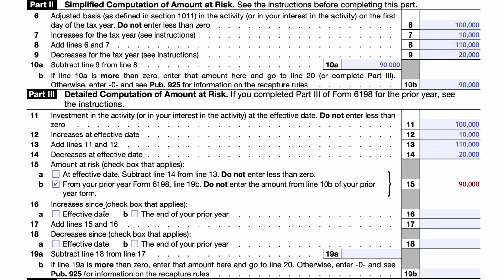And then you would say increases since either the effective date or the end of your prior year.